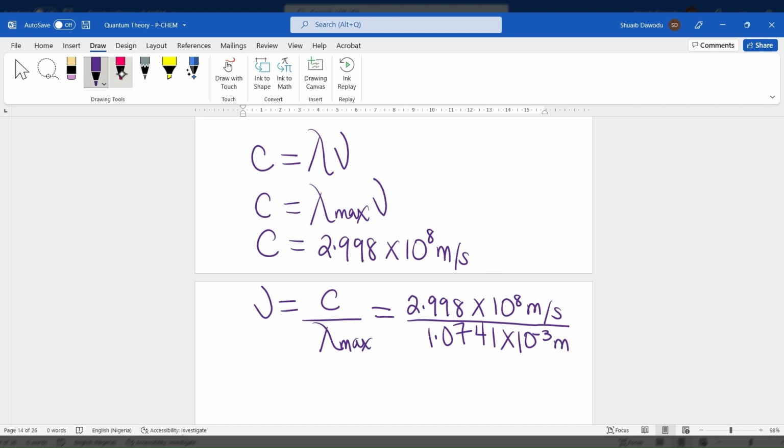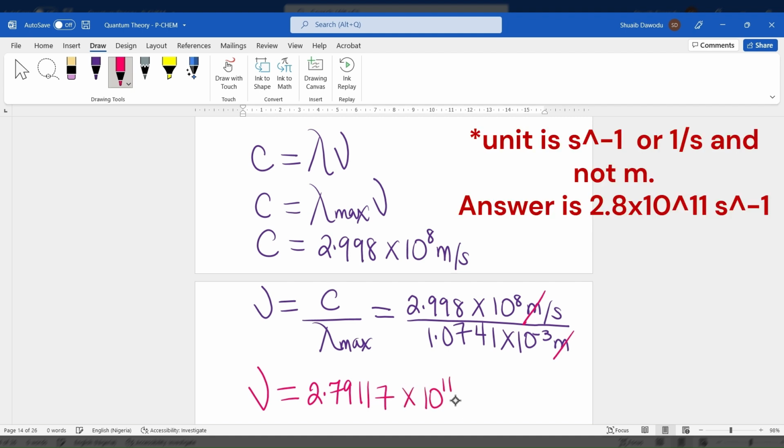We cancel out the meters. So the frequency becomes 2.998 times 10 to the power of 8 divided by 1.0741 times 10 to the power of negative 3. When you do that, you get 2.79117 times 10 raised to the power of 11.